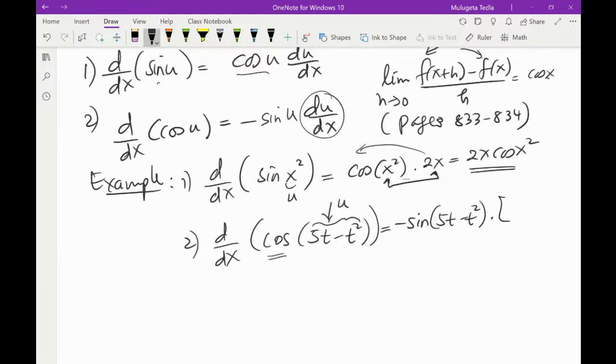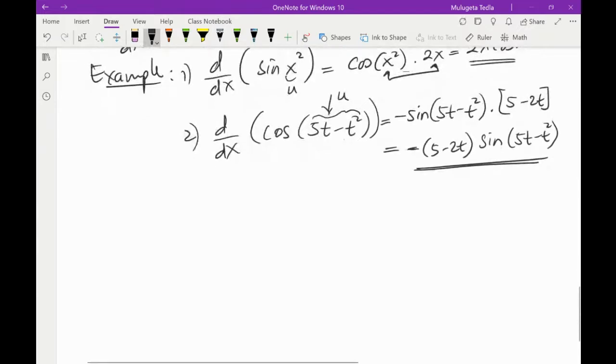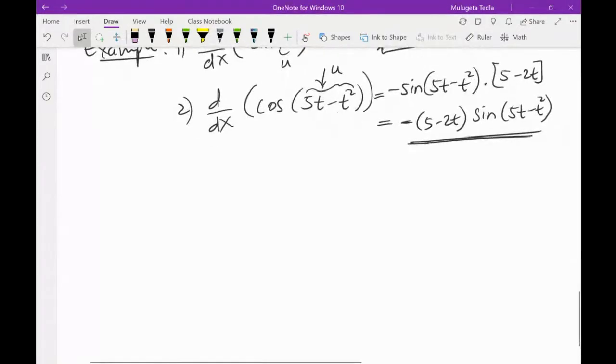So it is minus sine of 5t minus t squared times the derivative of that, which is 5 minus 2t. So minus (5 minus 2t) sine of 5t minus t squared would be the answer. You can FOIL this out, but it's okay.